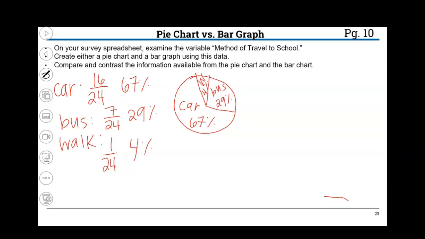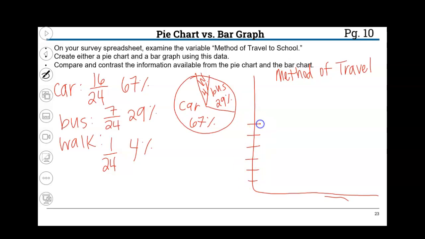Alright, how did we do? Comfortable? Yes? Alright, let's do the bar chart. For bar chart, you need an axis. You need a title, so method of transportation. Method of travel, let's use that. Okay? If you did your steps, can somebody share what did they count by? I counted by 4. By 4? All the way up? Anybody else?